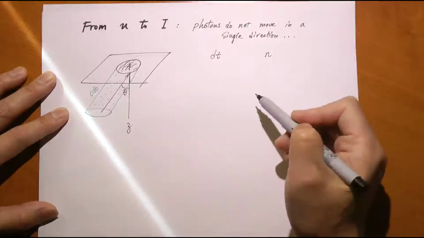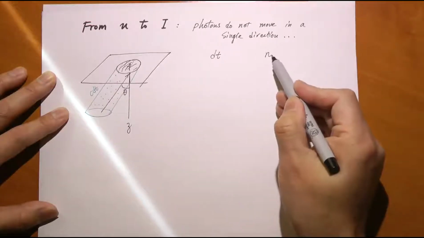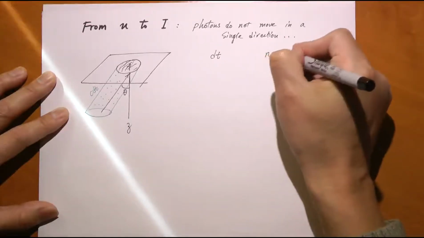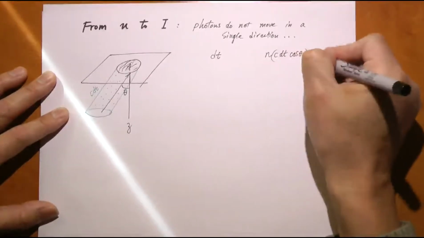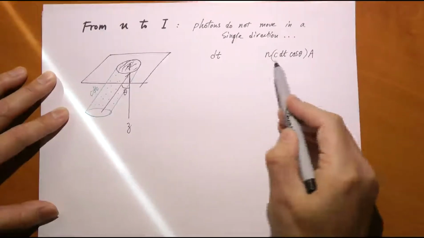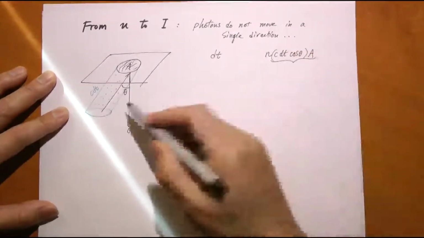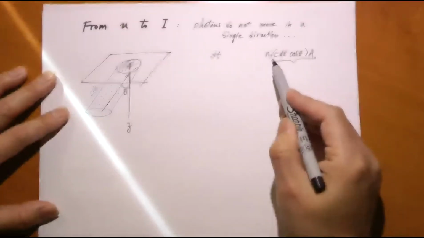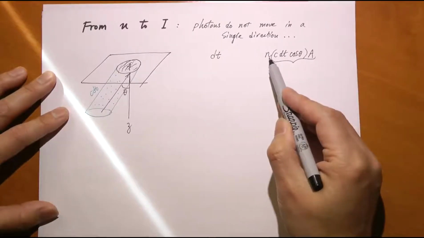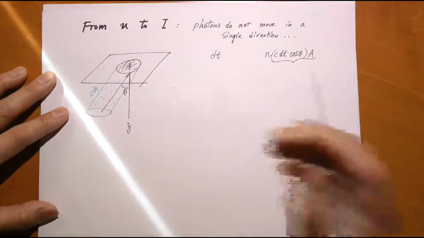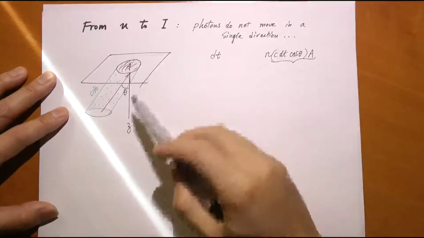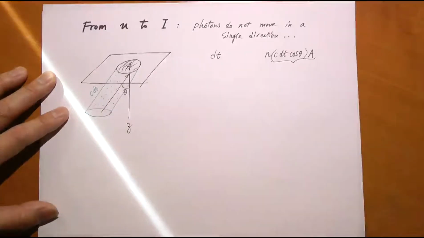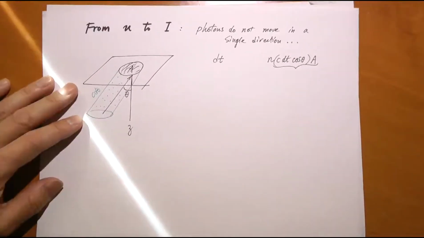So you take that n multiplied by c dt times cosine theta, and then times the bottom area A. This is the volume of the cylinder. Multiply the number of photons within that cylinder per unit volume, and you get the total number of photons within that cylinder. All these photons will make their way out over time dt through this surface area A.